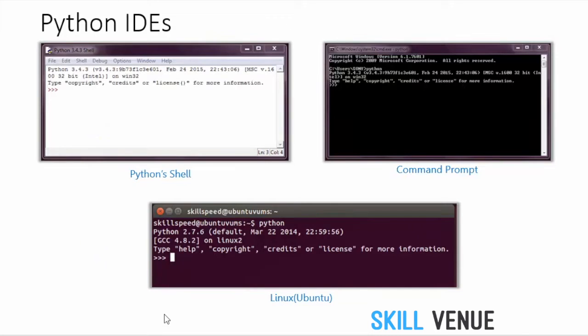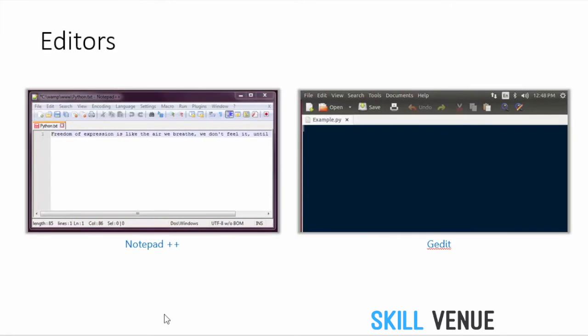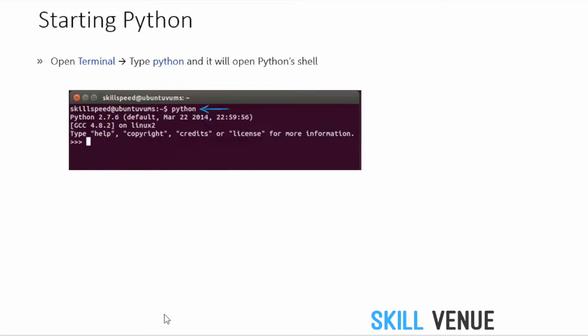In Windows, you can do Python in three different ways: by using your Python shell, or by using your command prompt, or in Linux by using your terminal. Among editors you have Notepad++ and gedit. These are only some examples that I'm showing.